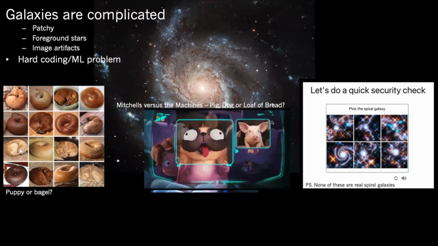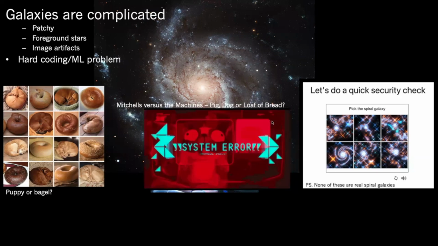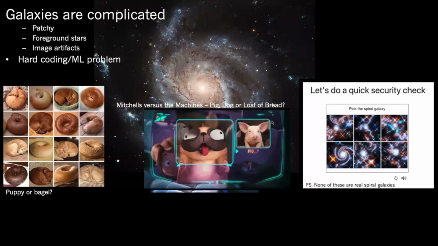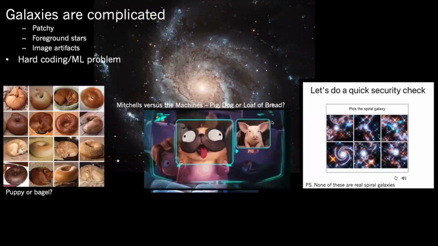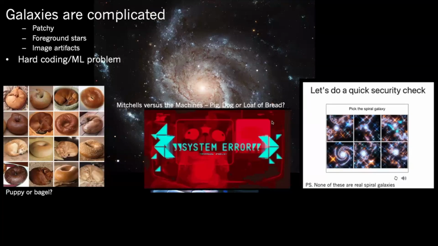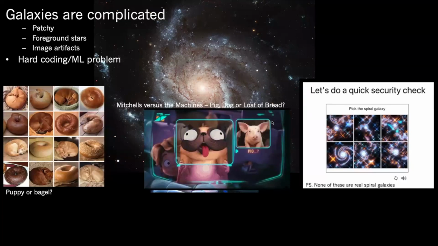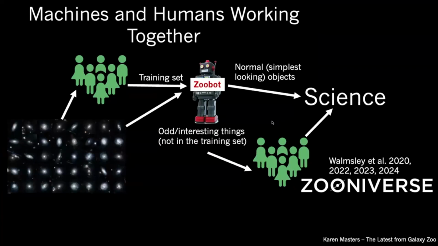This turns them into a hard machine learning problem, much like identifying whether it's a puppy or a bagel, used to great effect in Mitchells versus the Machines to defeat the robot invaders with a pug, which they can't tell if it's a dog, a pig, or a loaf of bread. And even some of those security checks online are using the fact that galaxies are complicated to identify humans. None of those are real spirals, which is fun for me.